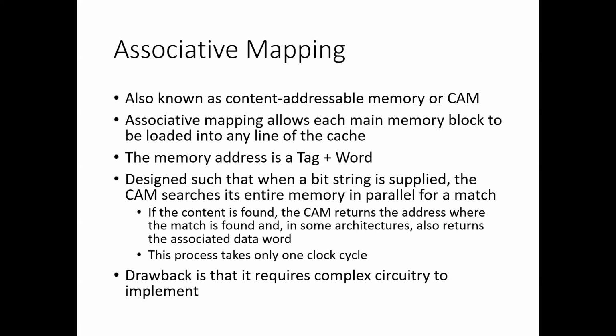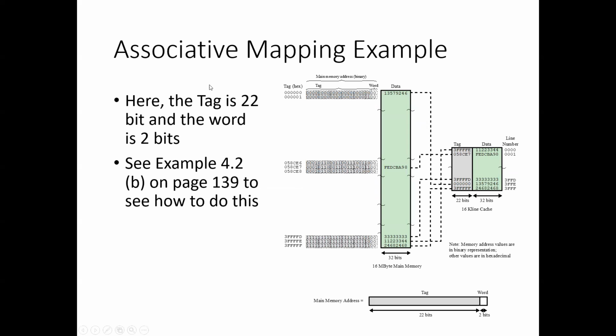This process is pretty quick and only takes 1 clock cycle. The drawback is it requires more complex circuitry to implement, but it does give performance and a high degree of flexibility. So here the tag is 22 bits and the word is 2 bits.